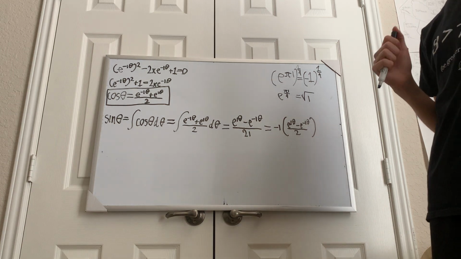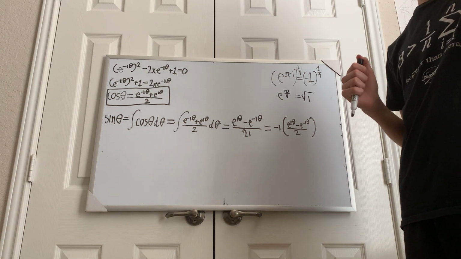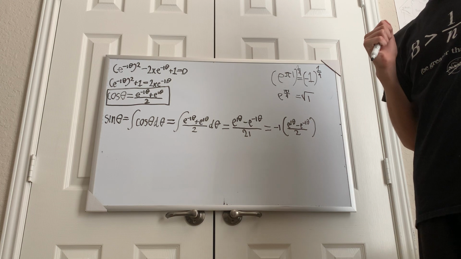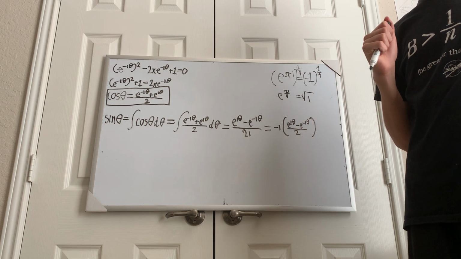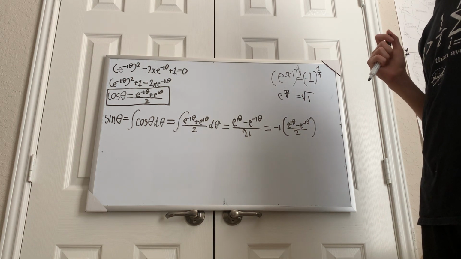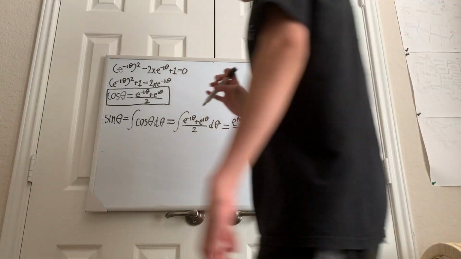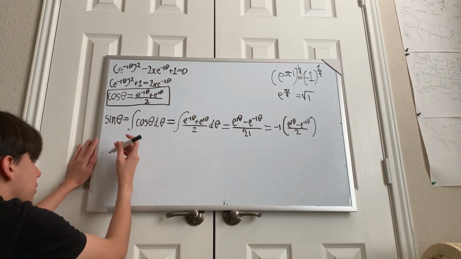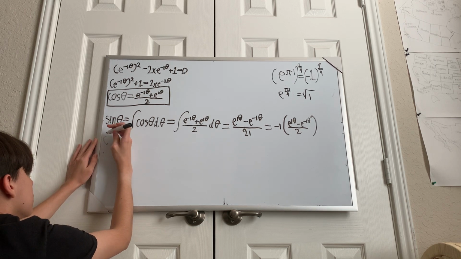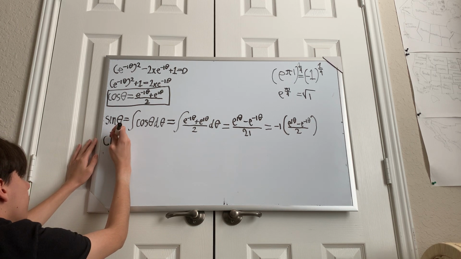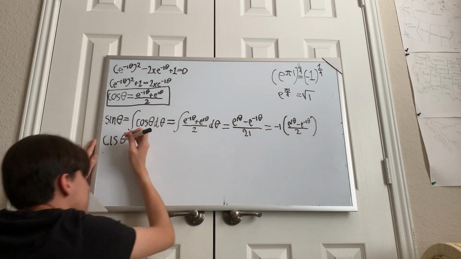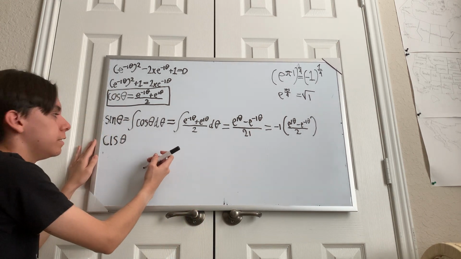Since if you multiply the top and bottom by I, then you get I over I squared, which is just negative I. So now what we can do is work with cis of theta, which is cosine plus I sine.